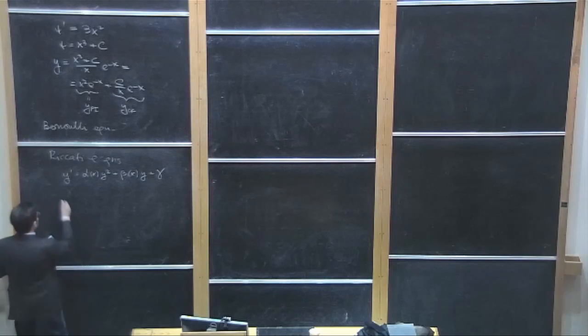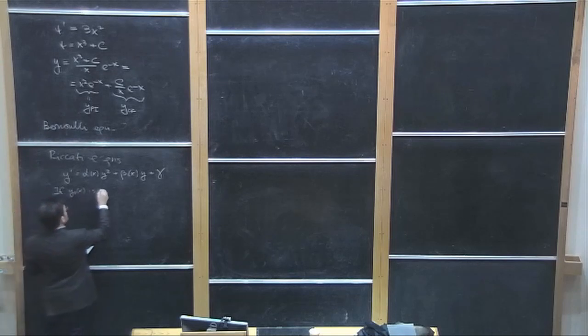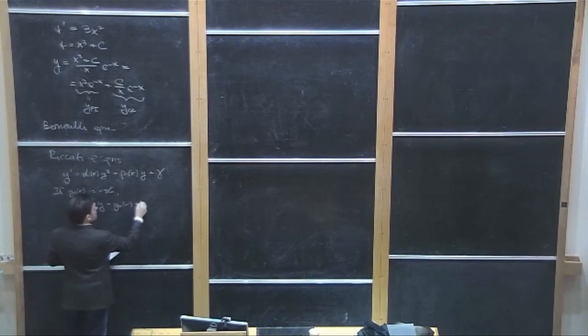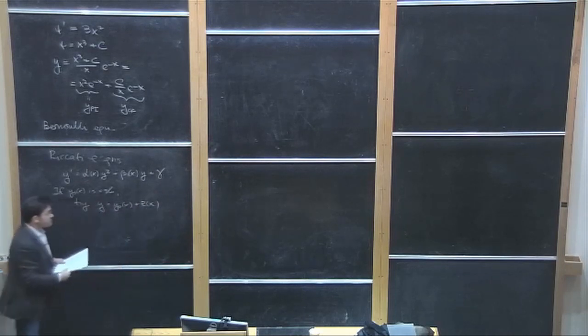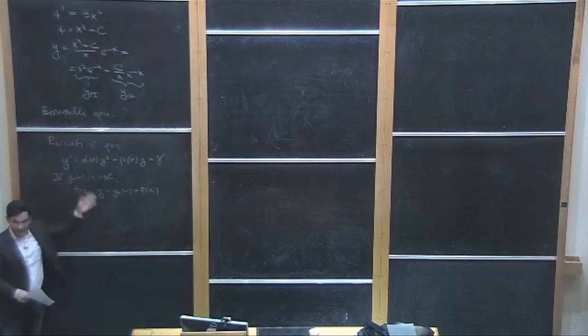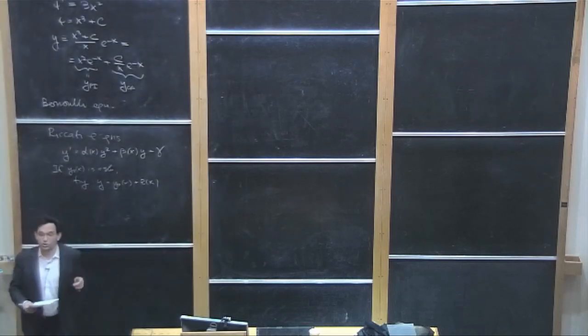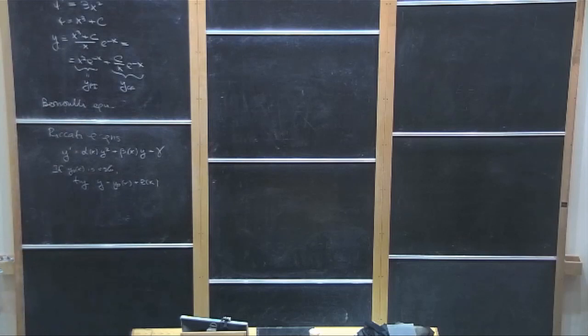Okay, so if y naught of x is a solution, try y equals y naught of x plus z of x. Right? So this is, of course, the minority of such equations, but an important one. And if there is one in the exam, you can be sure that it belongs to that minority.